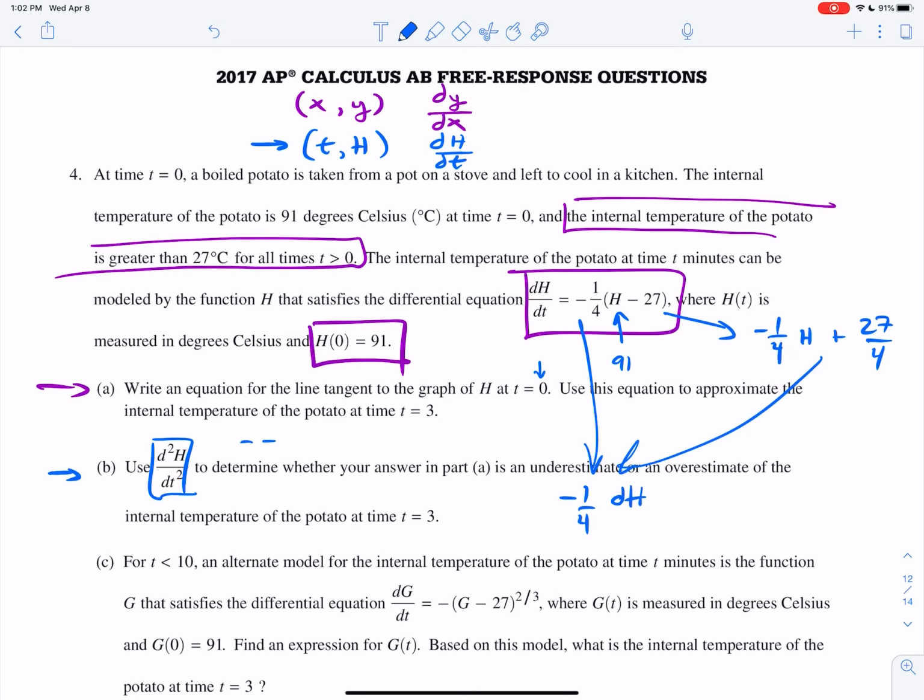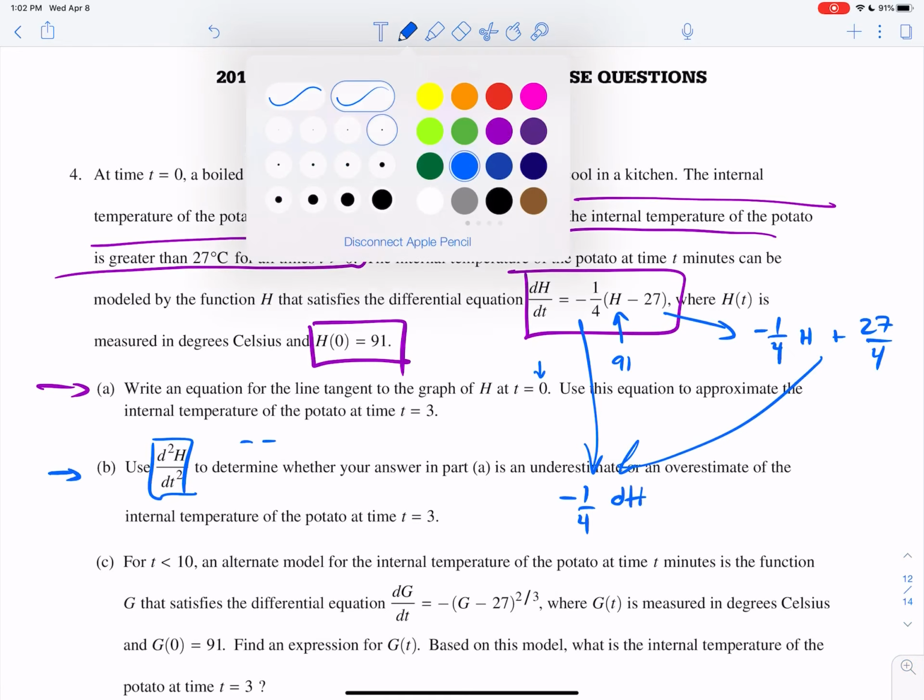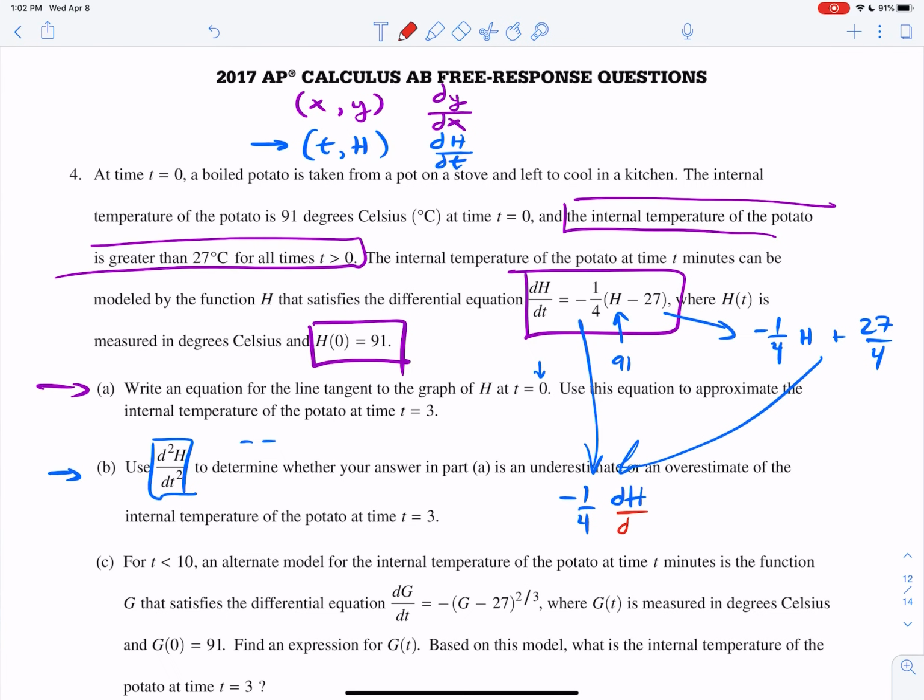In that 27 over 4, the derivative is just 0 because it's a constant. Then you divide that by dt. This right here is your second derivative. dh dt you guys already know, so you plug it back in. dh dt is just negative 1/4 h minus 27.